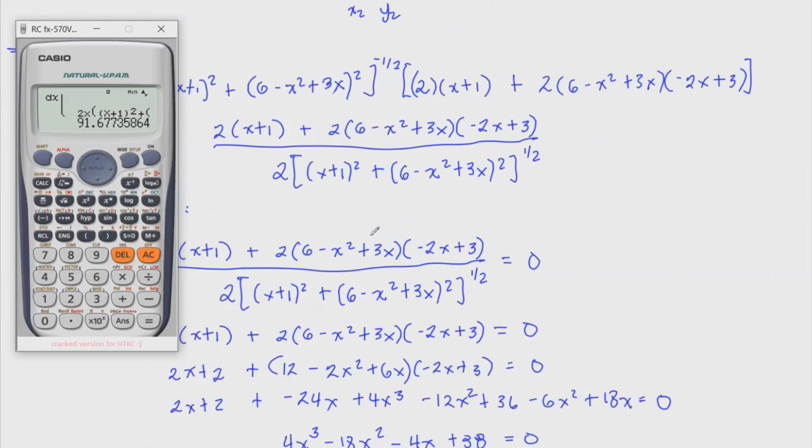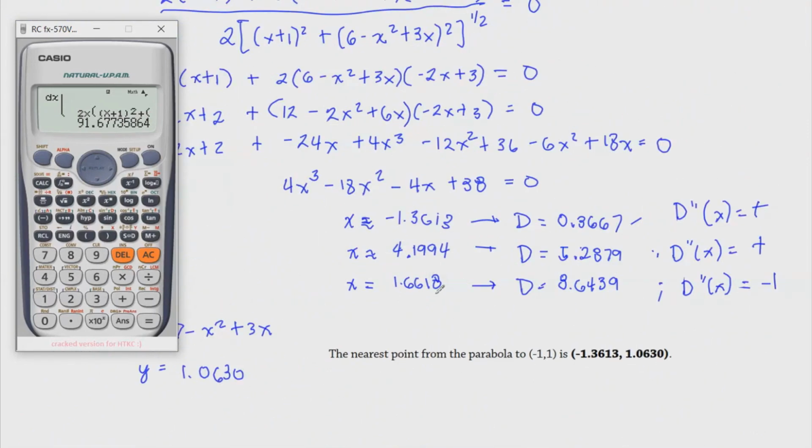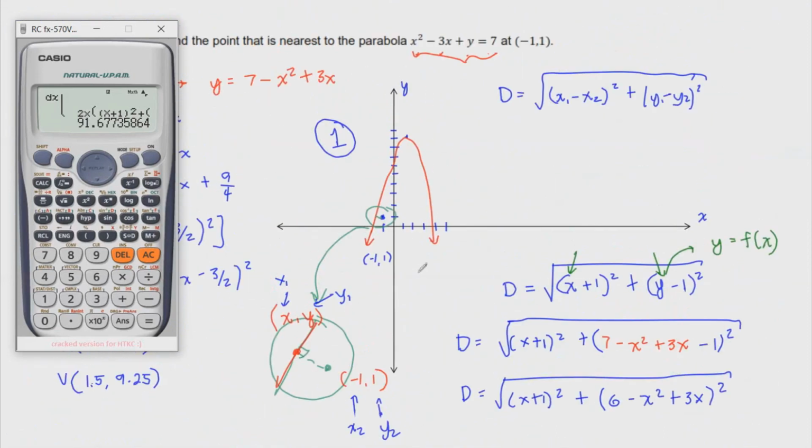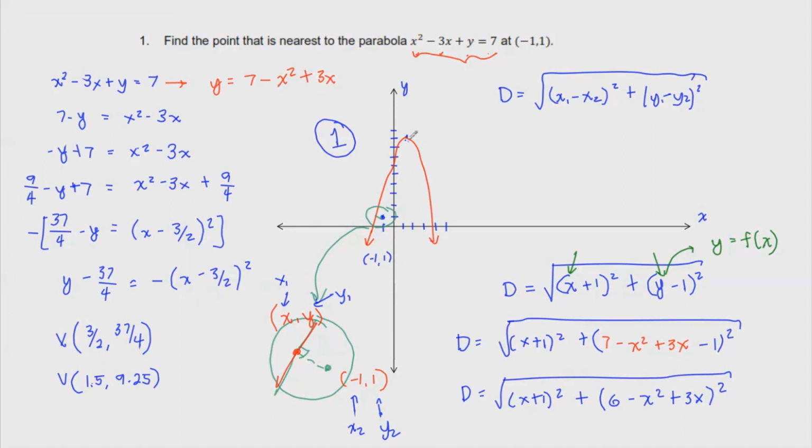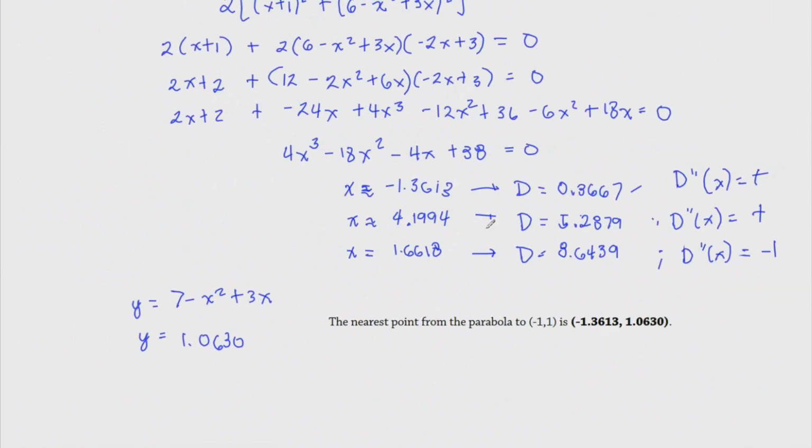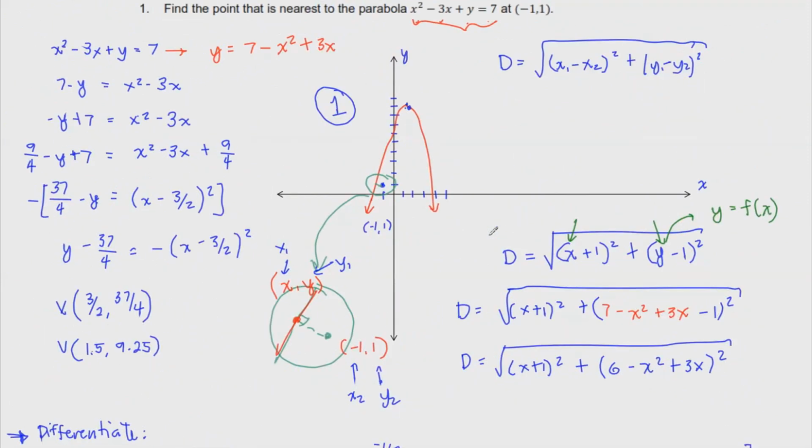So if you'll be plotting for those points right here in the graph, so that's 1.6618, so it's around here, 1.6188, and then I would think that the point should be around the vertex. Okay, and then for the other one, that's negative 1 point something, so that's 1.363. It's around, I think it's just around here. So basically that's actually the point that we're looking for.